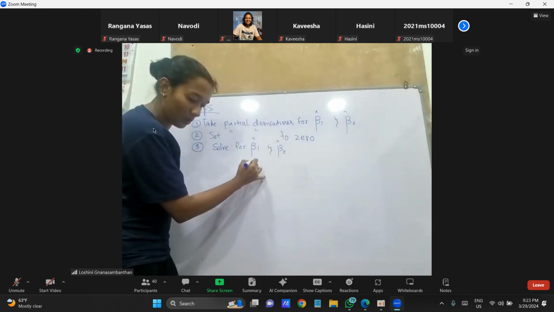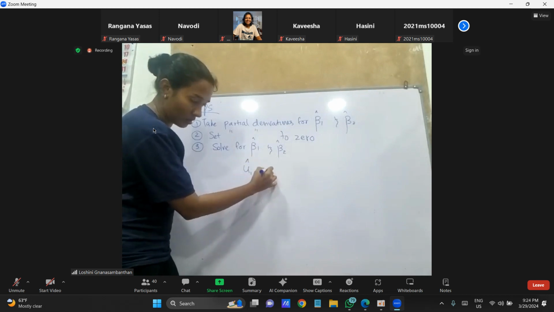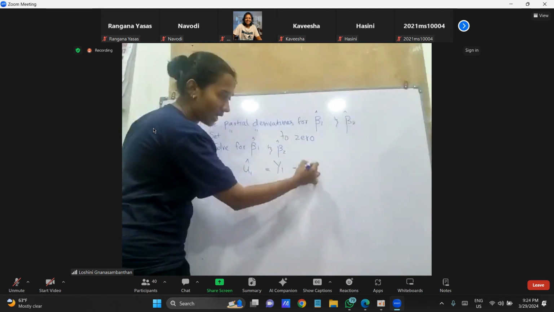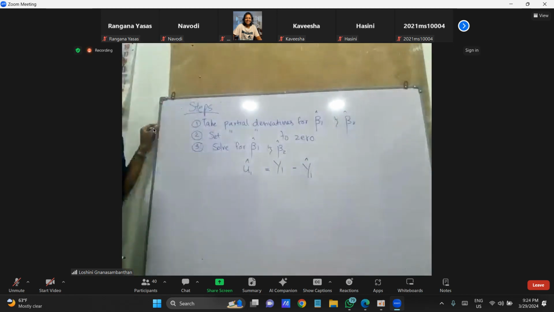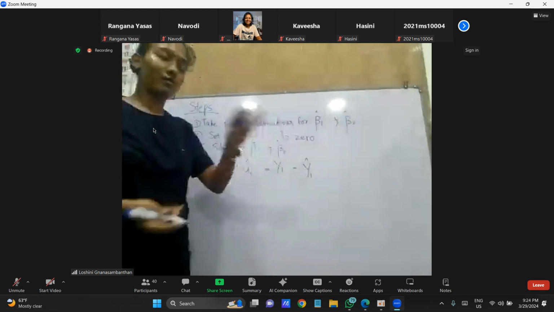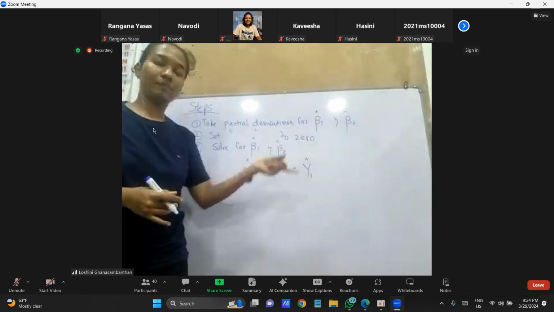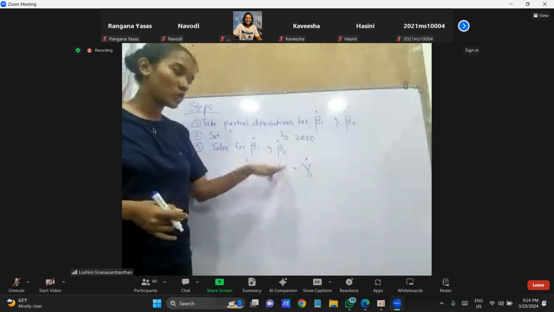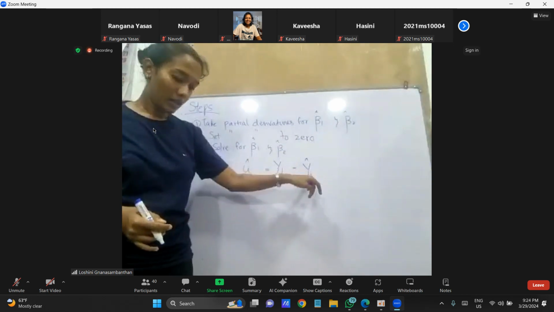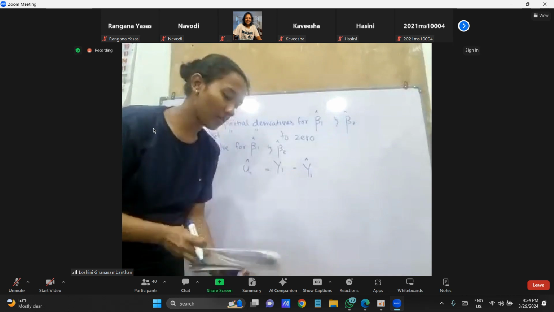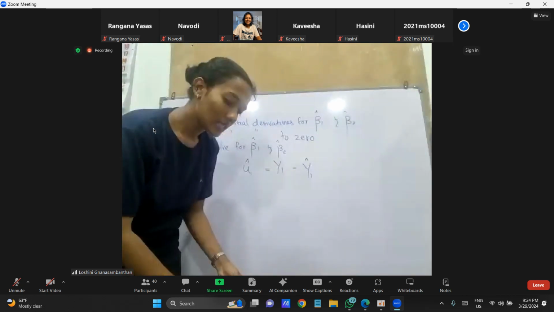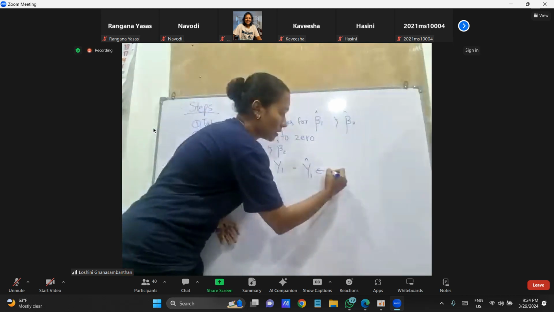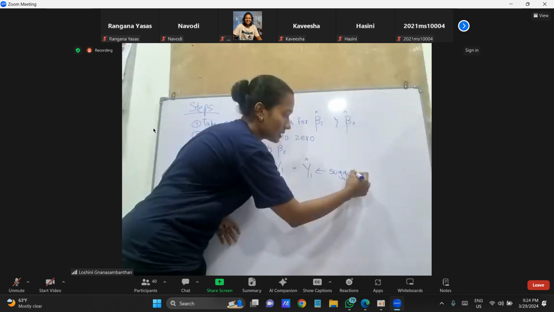You know that ui hat is equal to yi minus yi hat. If you go back to the graph that I drew in the previous session, the last graph, I told you that ui hat is actually equal to the actual value minus the value that you got from your SRS, adjusted from the SRS.